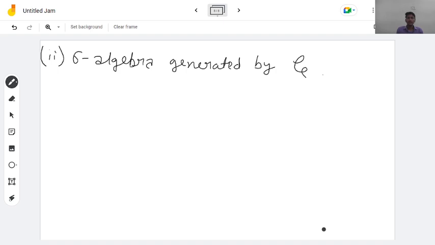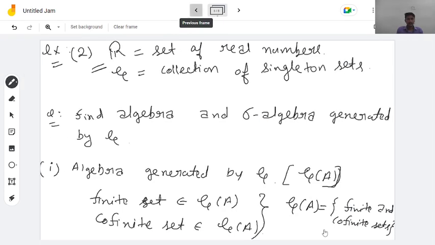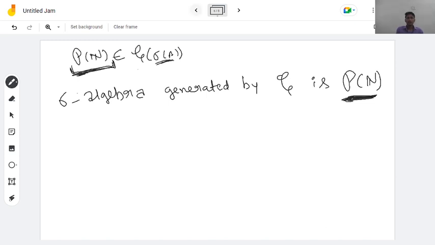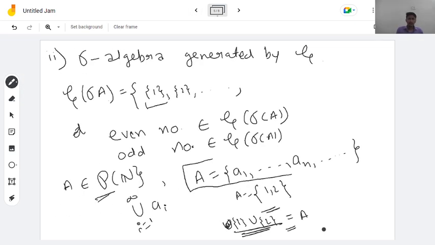So what will be the sigma algebra generated by C in the case of R? Remember that in the case of natural numbers, we could write any set that belongs to the power set of N in the form of singleton sets.